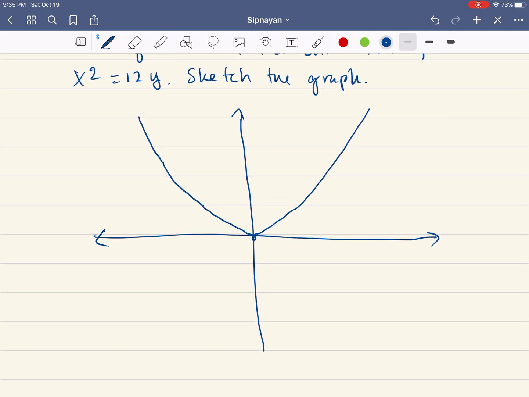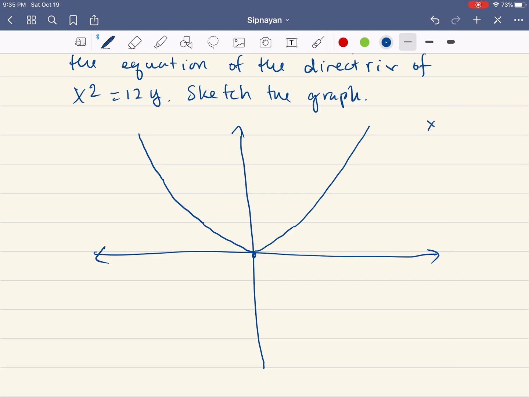So, ang ating equation, di ba? X squared equals 4ay from the previous video. At alam natin that the focus, yung F natin, yan yung ating focus. Ang kanyang coordinates ay 0, a. So, saan natin kukunin yung a? Alam natin that the general equation is x squared equals 4ay, pero meron tayong x squared equals 12y. Ano napapansin nyo?